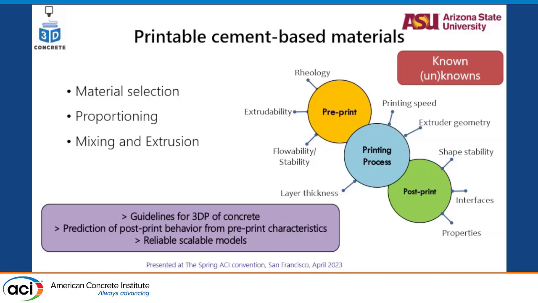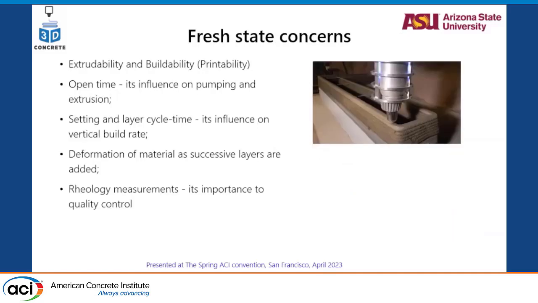A proper material selection so that you could reach the required height is required, and a proper proportioning for different regions, with lesser use of cement so that we use more SCMs and more aggregates. Proper mixing obviously will be required. There are some fresh stress constraints during printing.